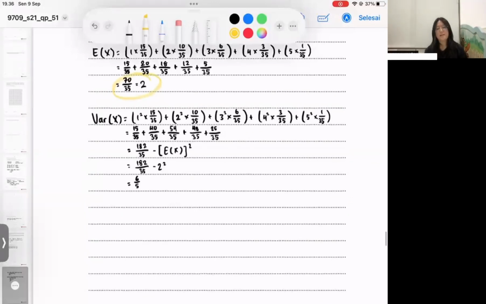Next, in order to find its variance, it's basically each x squared multiplied by its probability. As you can see, I've calculated each of them, and you get that x equals 1 squared multiplied by its probability is 15 over 35.